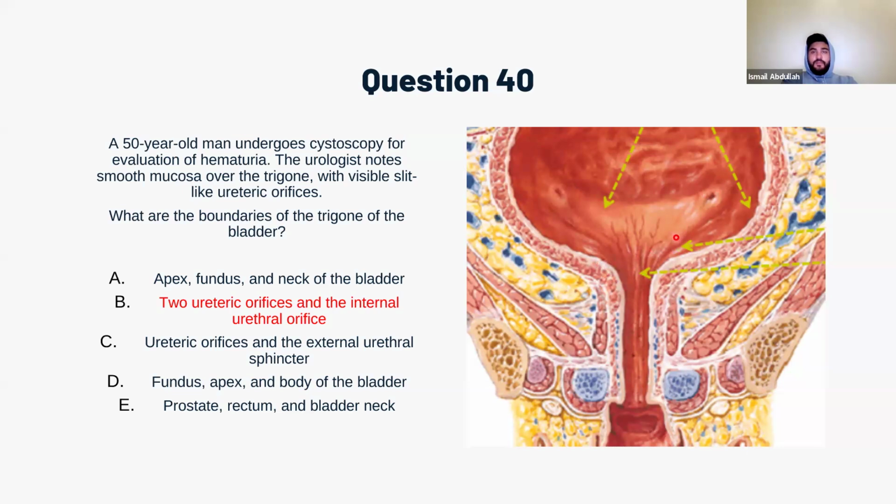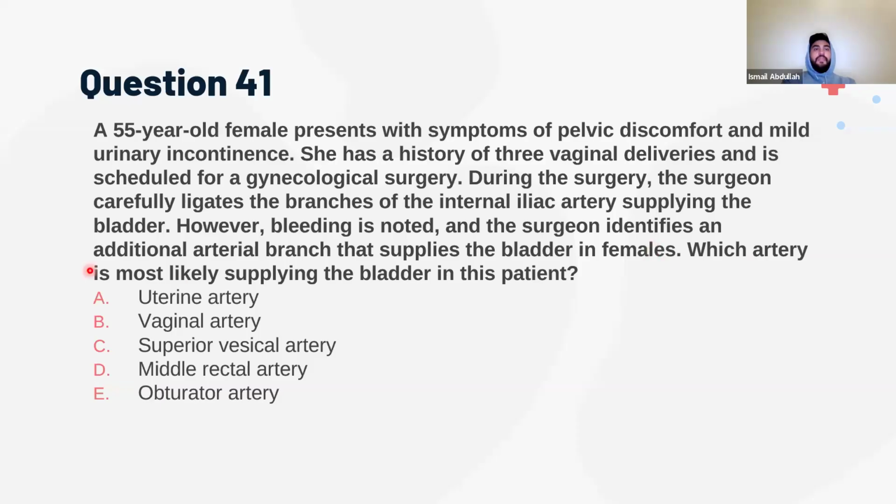And this is a smooth part. This is how you know this is the trigone. And this is the wall of the bladder, which is the detrusor muscle. You can see it's trabeculated in nature. And this would be your prostatic urethra, and this would be the external sphincter. And yeah, okay, moving on.